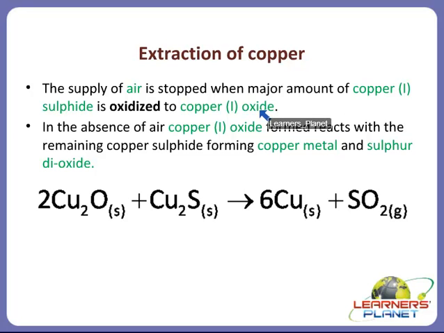So after the copper sulfide has been oxidized to copper oxide, the major amount, the oxygen supply is stopped. In the absence of air, the copper oxide formed reacts with the remaining copper sulfide, forming copper metal and sulfur dioxide. So that is your cuprous oxide, whatever cuprous oxide is formed.